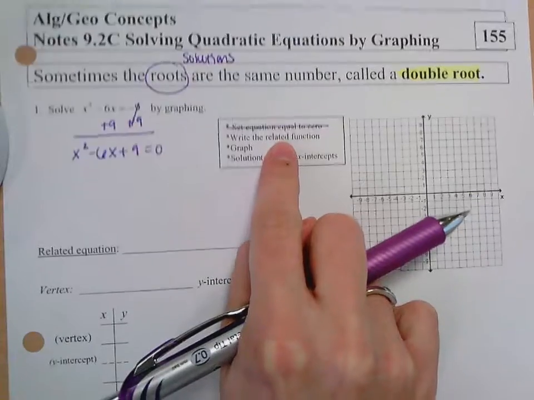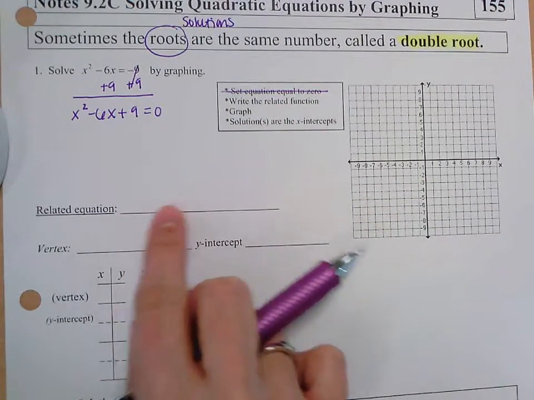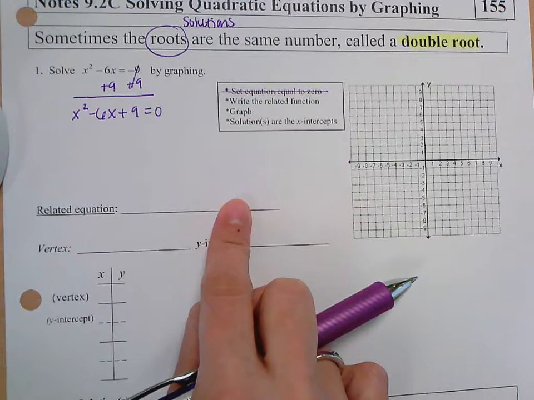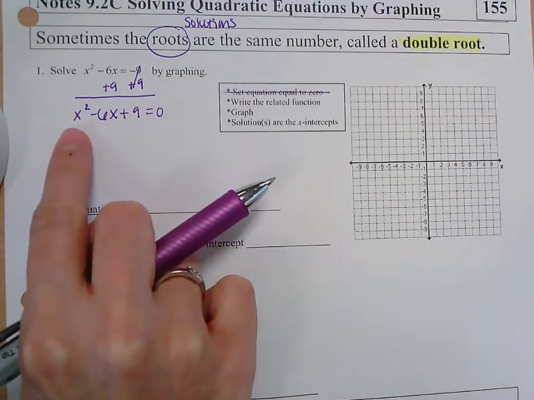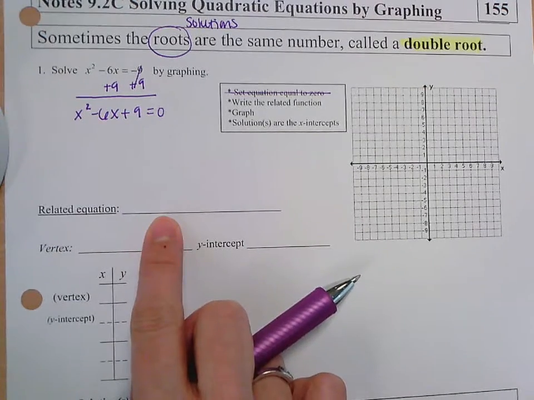Then it says write the related function or the related equation. So what would my related equation be here, Michael? There was just one thing you were missing. It does have to do with this, but what would it equal? Not 0, y.